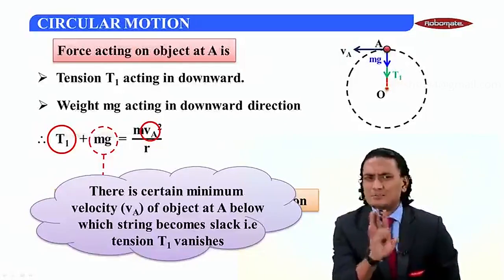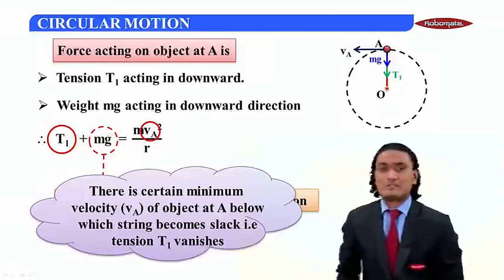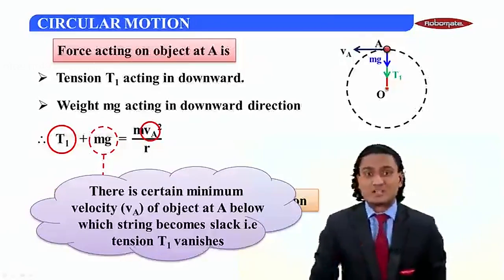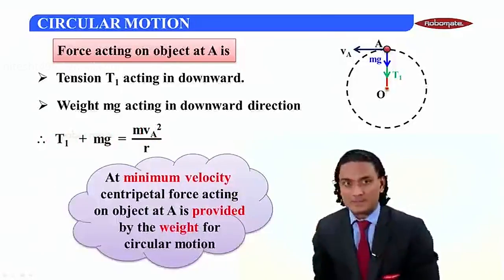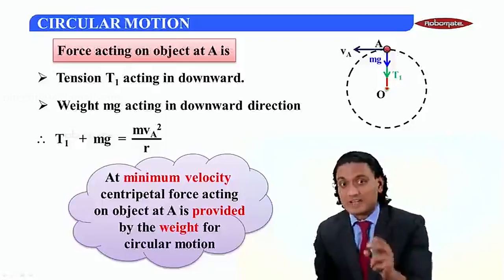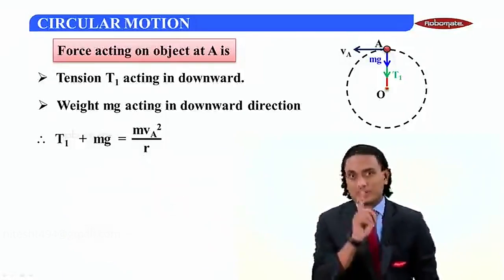Let us say it becomes zero. Minimum velocity, so tension will literally become zero. So tension will vanish. If tension vanishes, then the centripetal force is provided by the weight. So at minimum velocity, tension vanishes, centripetal force is provided by the weight.